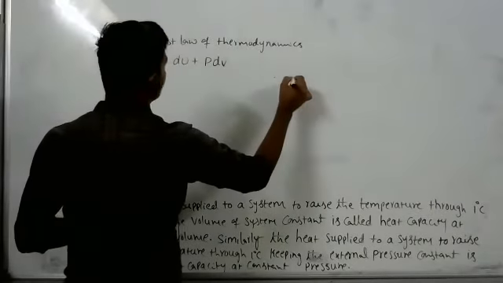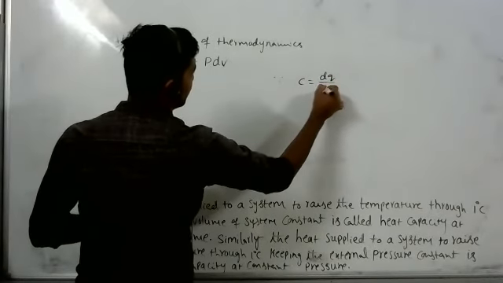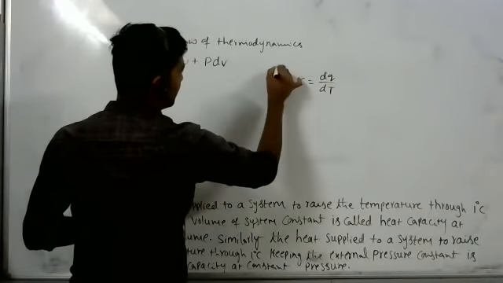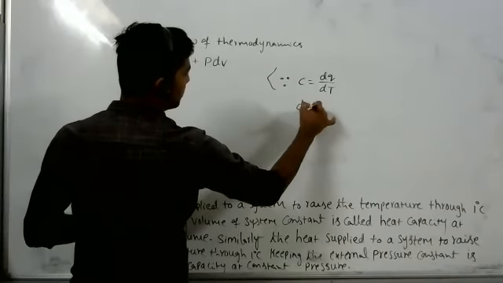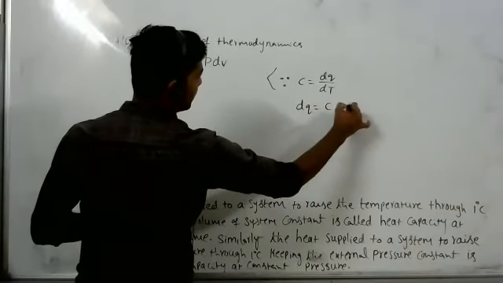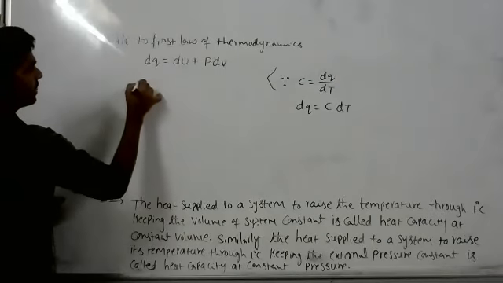Since C is equal to dq by dt, dq is equal to C into dt. So instead of dq, now we may write C into dt.